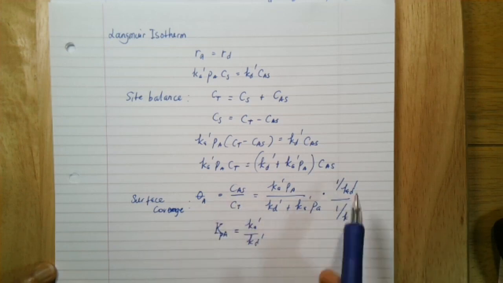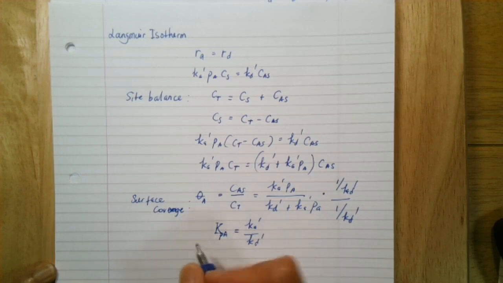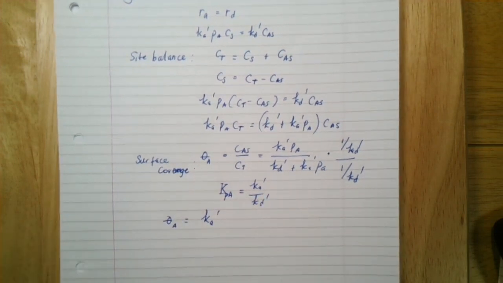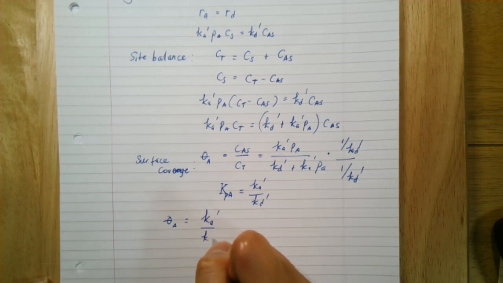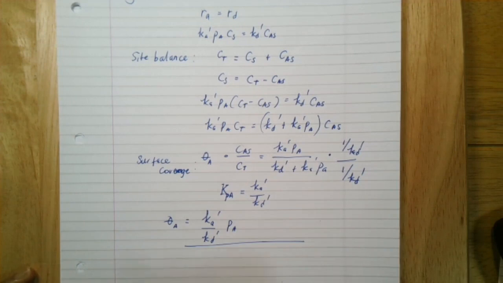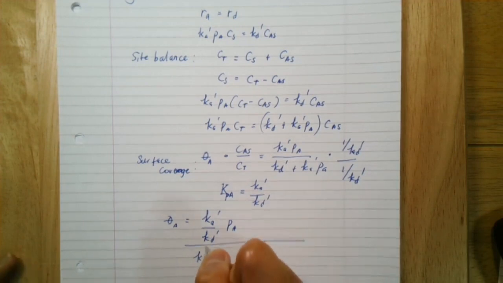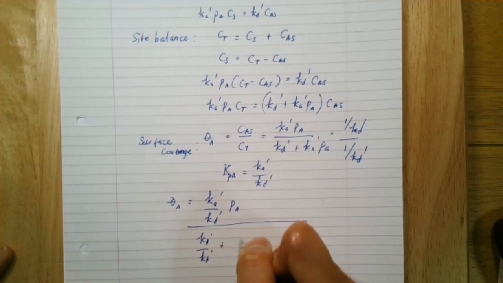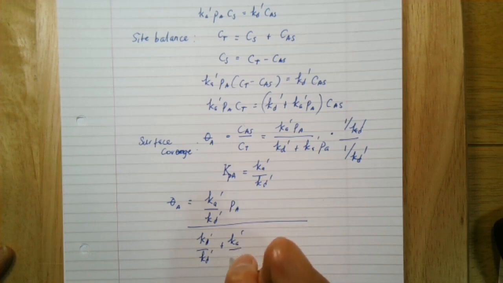So going back to this, I can now evaluate this. So my surface coverage theta A is equal to Ka prime over Kd prime times Pa divided by Kd prime over Kd prime plus Ka prime over Kd prime Pa.